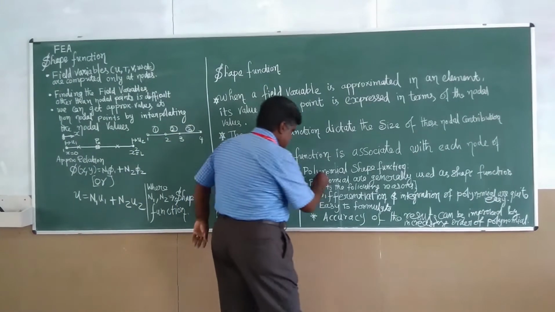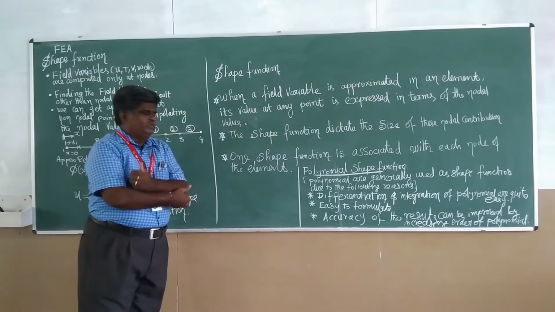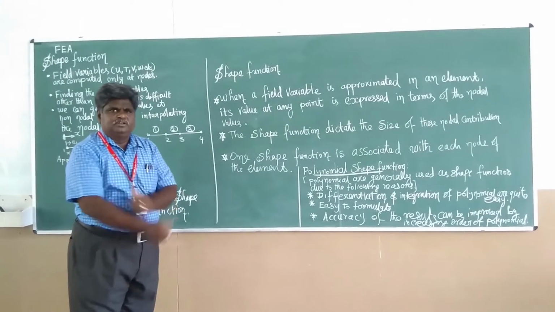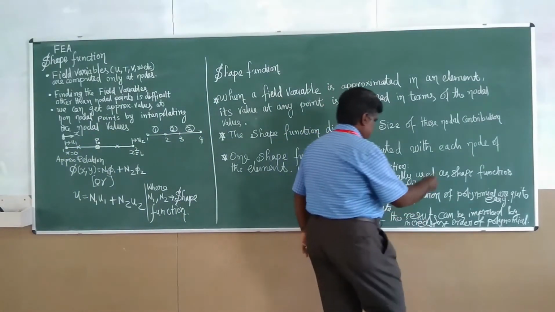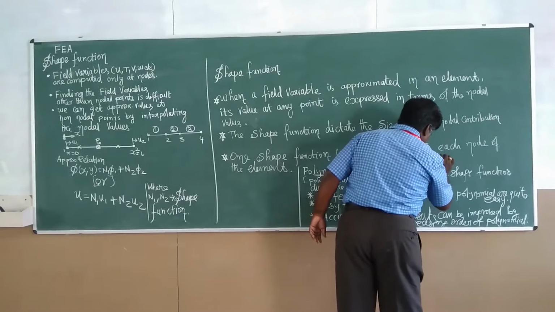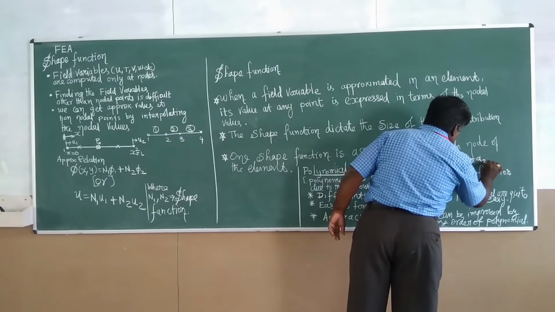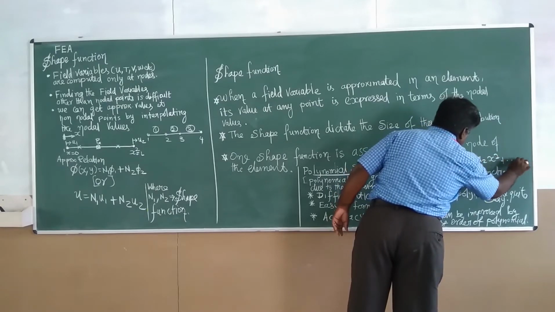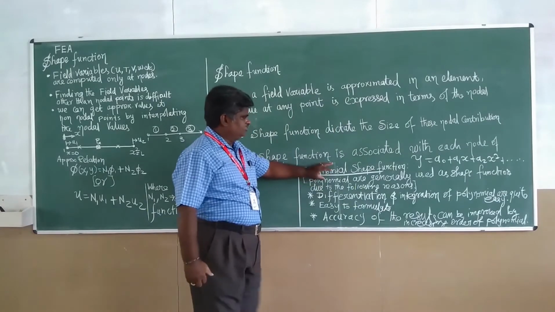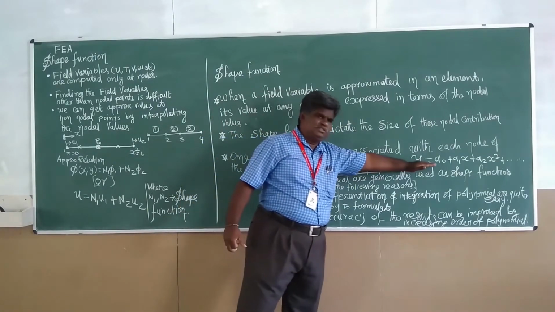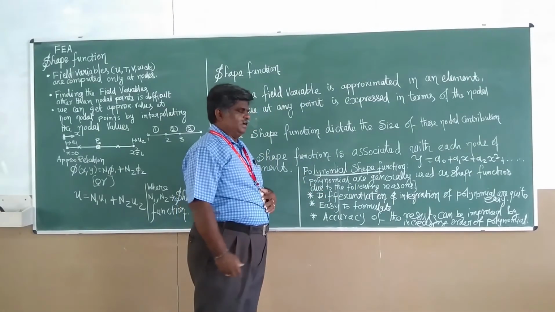In finite element analysis, before formulating the stiffness equation, we use a polynomial trial function, y equal to a0 plus a1 x plus a2 x square. Why do we frequently use a polynomial series for calculating the shape function and stiffness matrix?